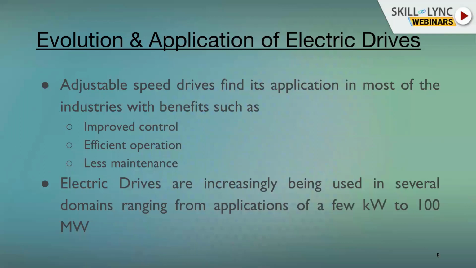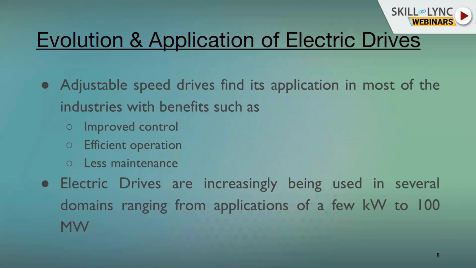So the industries that we discussed earlier, where they need adjustable speed drives, the benefits that they derive by having adjustable speed drives, they have a very good control system. So they will be able to precisely control the speed of the motor or the position of a mechanical load.